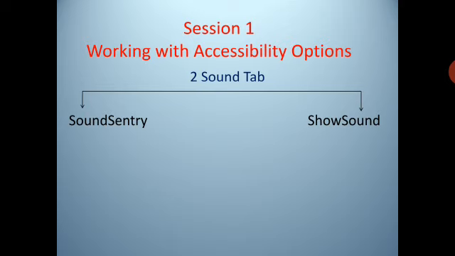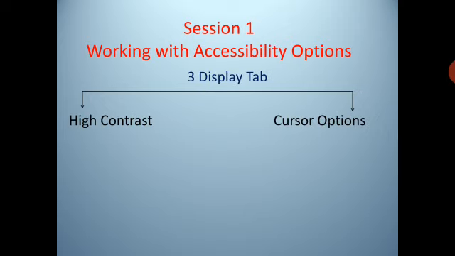The third tab of the accessibility option is Display tab. When you select this tab, a window with 2 options will be displayed. These 2 options are High Contrast, Cursor options. High Contrast. This feature assists people with vision impairment.